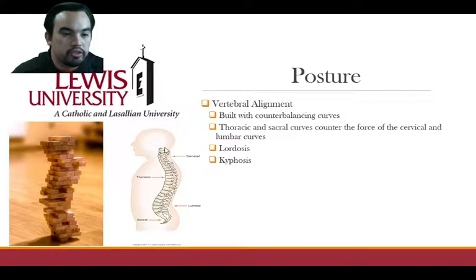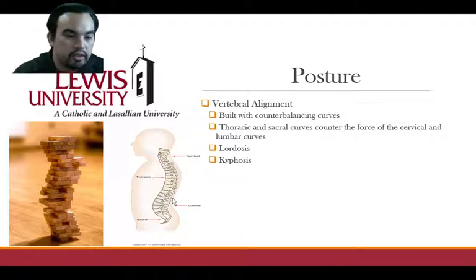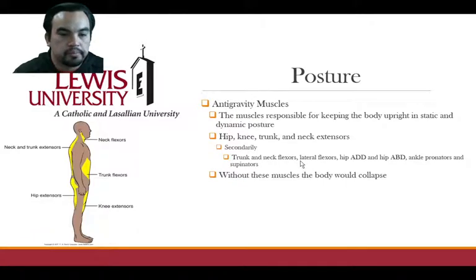And as you look at this, the lordotic curve is able to protrude forward because as it moves forward, the kyphotic curve shifts the weight posterior, and then the lordotic curve of the lumbar spine pushes it anterior, and thus it balances it out. And it's like a stack of Jenga blocks. If you ever played that game, that's really what this all comes down to.